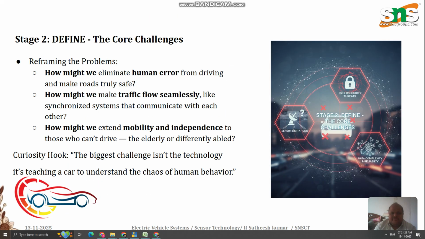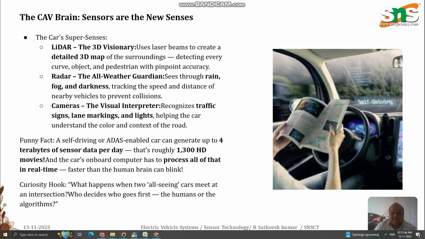The second is the define stage. How to eliminate human error, and how to make the traffic flow seamlessly. These are the problems which we reframed. We could use LiDAR technology, radar, and cameras to support these issues, which could give a better solution for the problems mentioned earlier.